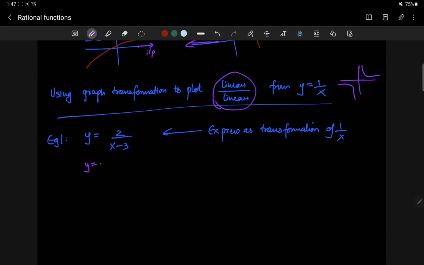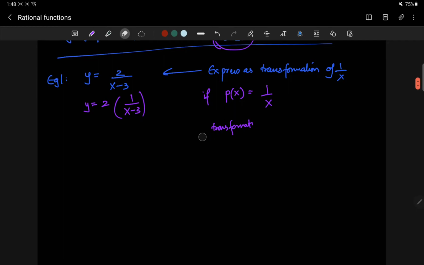I'm going to write this as 2 times 1 over x minus 3. Which means that if we start with, say, p of x equals 1 over x, and then let's do it as a sequence of transformations.